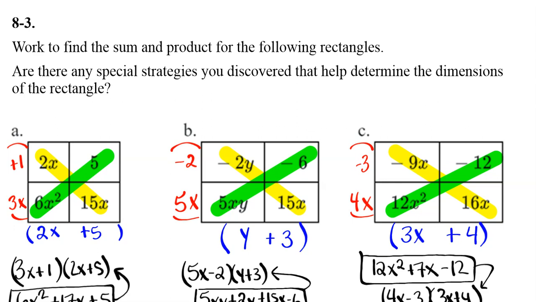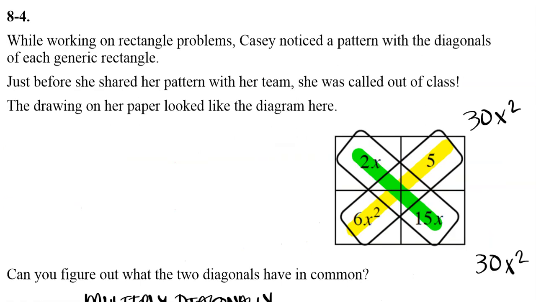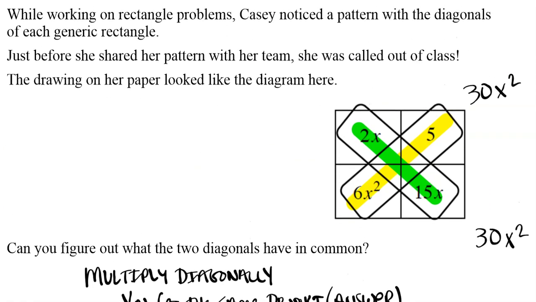And we got 12 times negative 12, negative 144. Then we got 9, that's negative, times 16. That's negative 144, and we get x squared. So that's kind of interesting. So yeah, you get the same product.